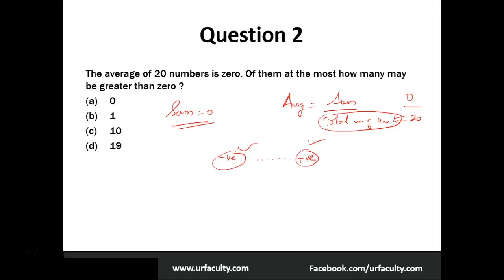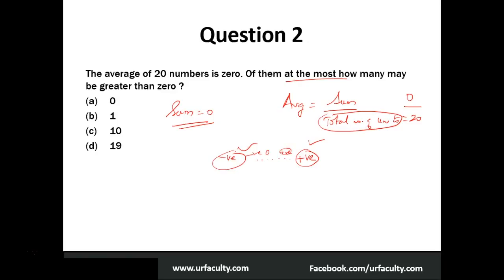Now here they ask, at the most, how many of them may be greater than 0? So this set will have many negative numbers, maybe a 0 in it, and many positive. Now they're saying at the most how many may be greater than 0.